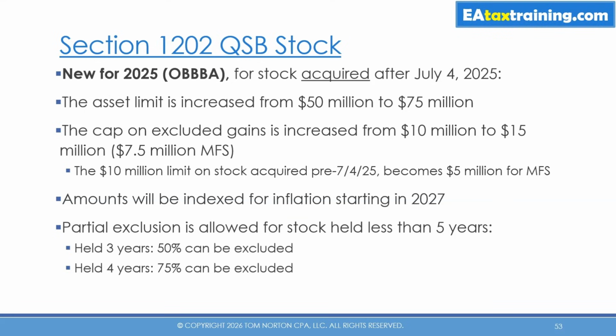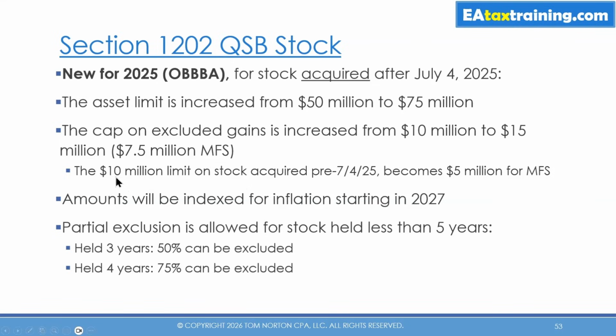Also, the cap on excluded gains is increased from $10 million to $15 million, or $7.5 million married filing separately. One change that OBBBA did make for stock acquired before July 4th of 2025 is that $10 million limit on the amount of gain that you can exclude.